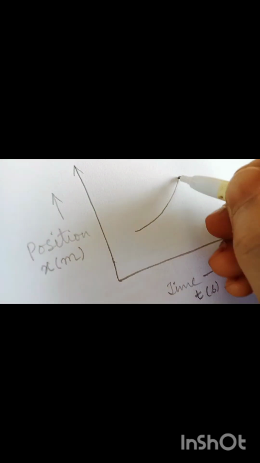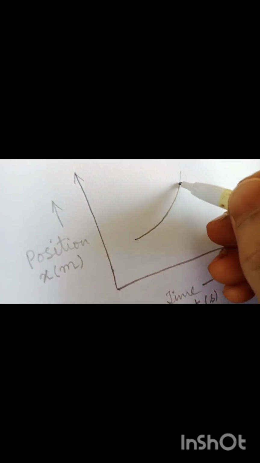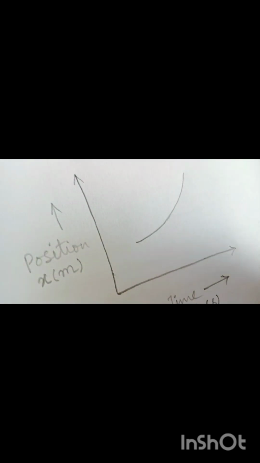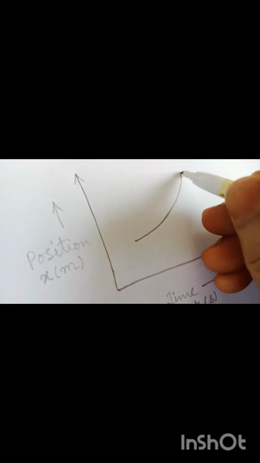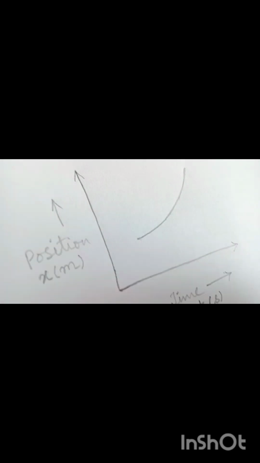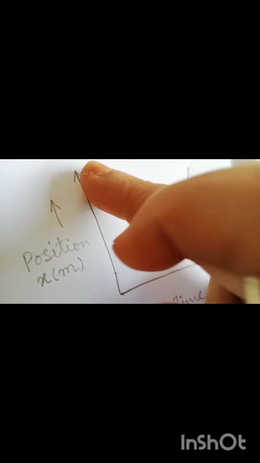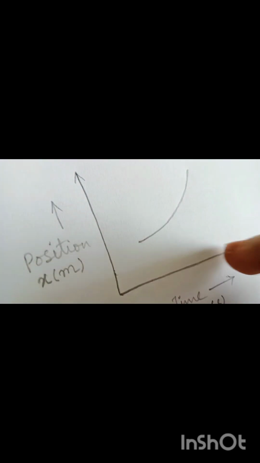Let us draw a graph or a curve of a moving object. It is a general case in which the object is moving with some velocity or speed, and I have traced a curve in the position-time space.